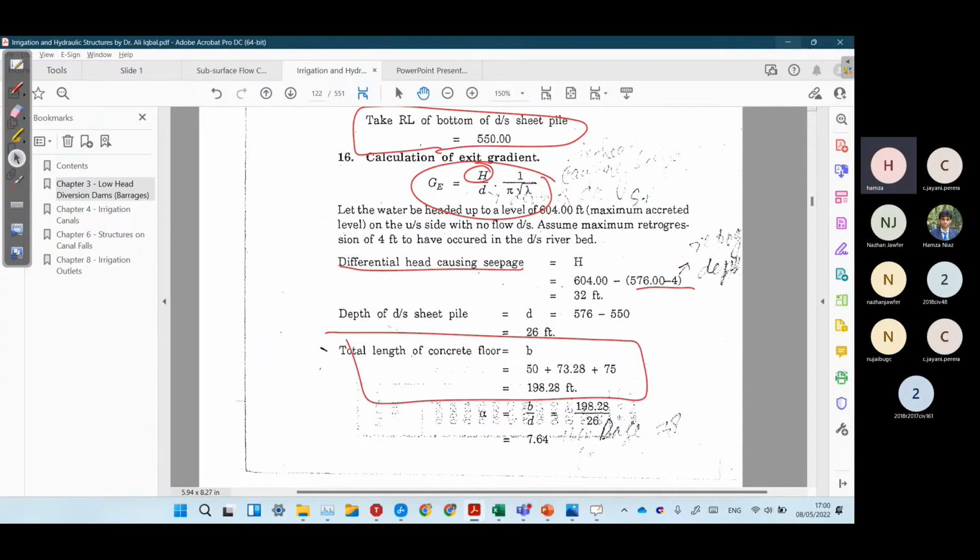So they have calculated 50 as the upstream portion, 75 as the downstream portion, and 73.28 as the middle portion.